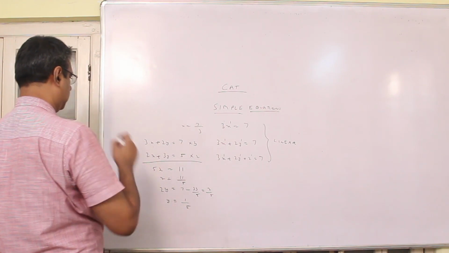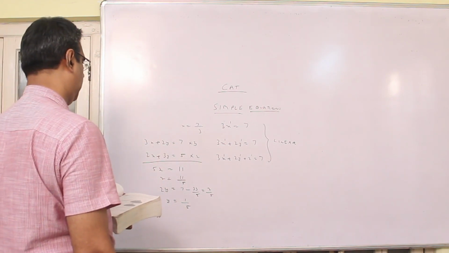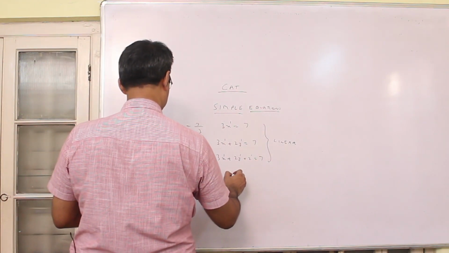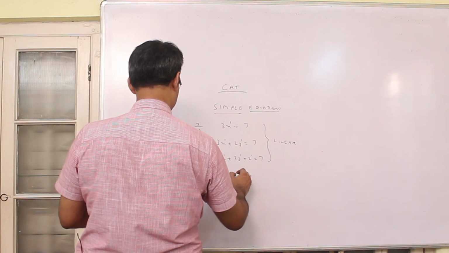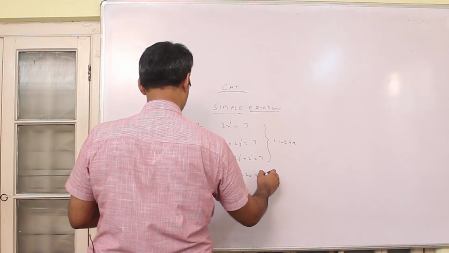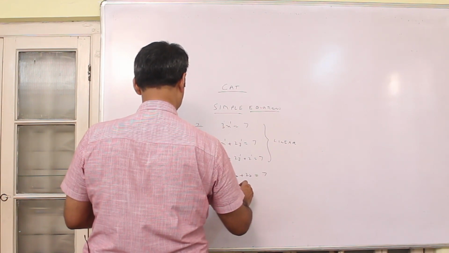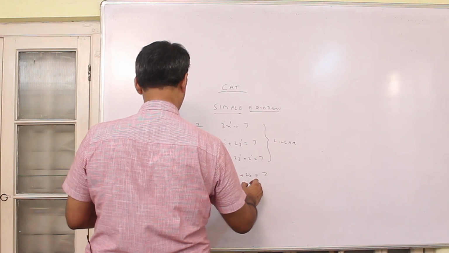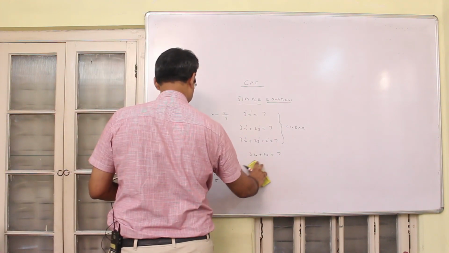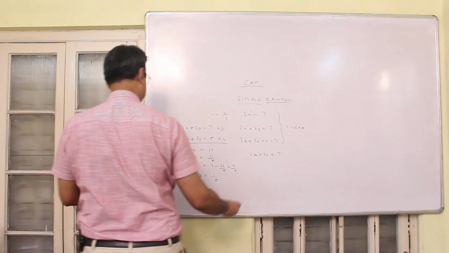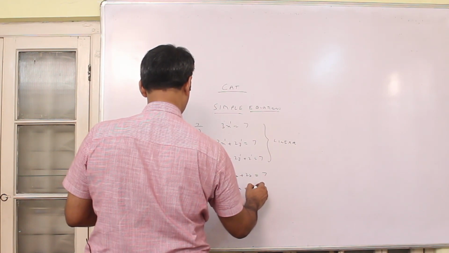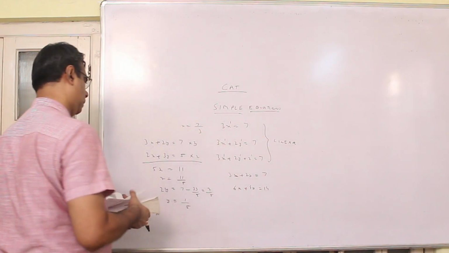Suppose let us say that we have a situation where the first equation is 3x plus 2y equal to 7, and the second equation is 6x plus 4y equal to 14.